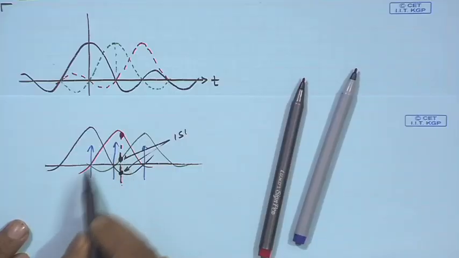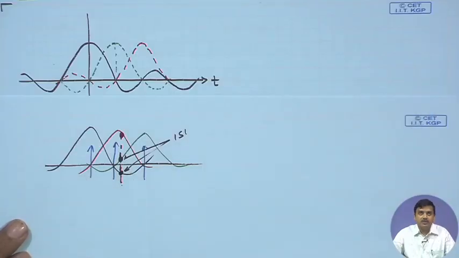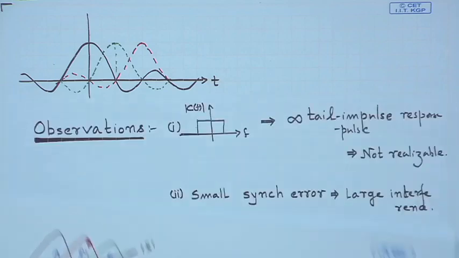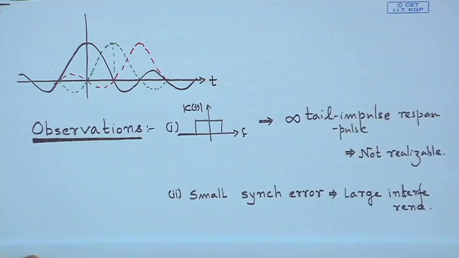So, this although produces orthogonal and the highest packing, still it has some problems which we can visualize from a situation as depicted here. Small synchronization errors can cause large interference because of the pulse shape.